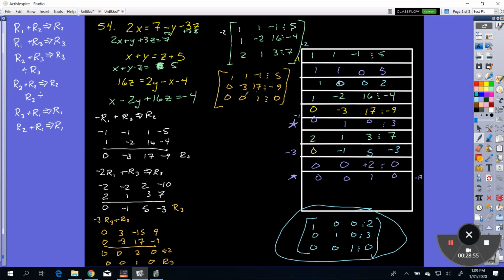So now I want this 17 to disappear. So I go row 3 times negative 17, add that to row 2, and it's going to make a new row 2. So I get 0, 0, negative 17, 0, plus 0, negative 3, 17, negative 9. That makes 0, negative 3, 0, negative 9. Divide all of this by negative 3, and you get 0, 1, 0, 3.